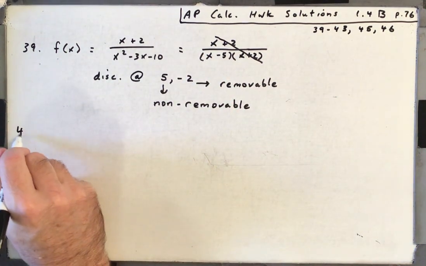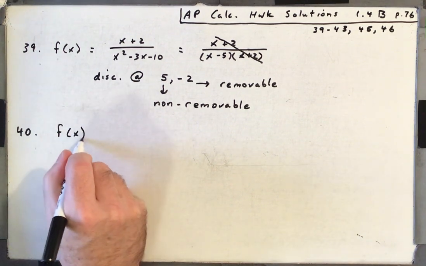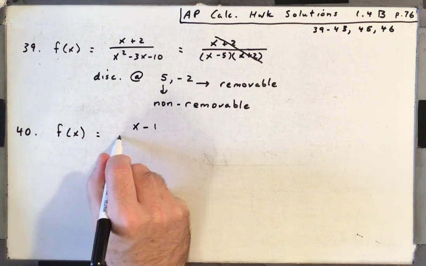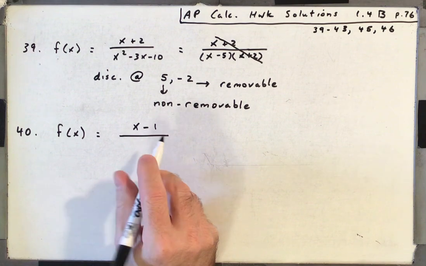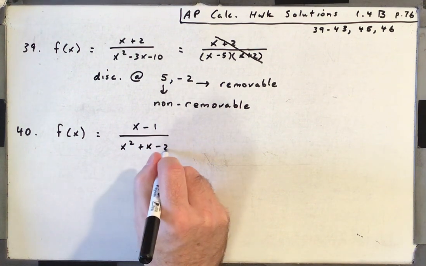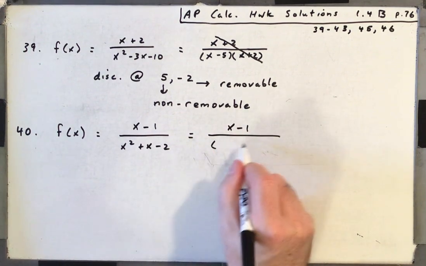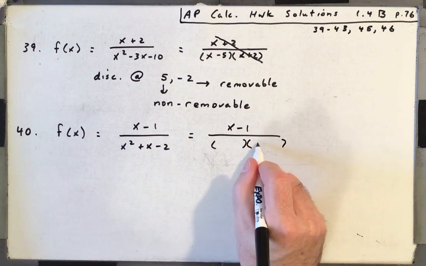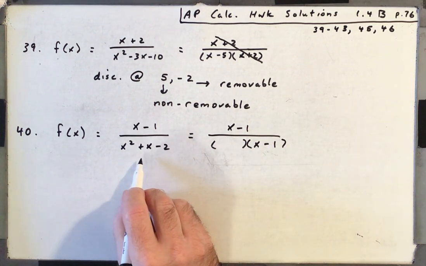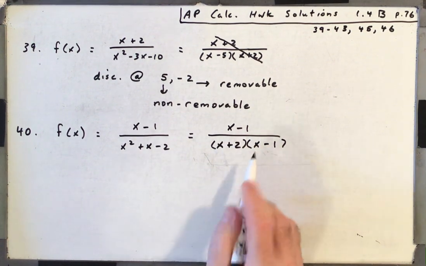Okay, number 40. We have f of x is equal to x minus 1 over x squared plus x minus 2. So let's see if we can factor. I'm going to tell you, if one of the factors is not x minus 1, it doesn't really do us any good here, does it? So let's see if we can make that work. How about x plus 2 times x minus 1?